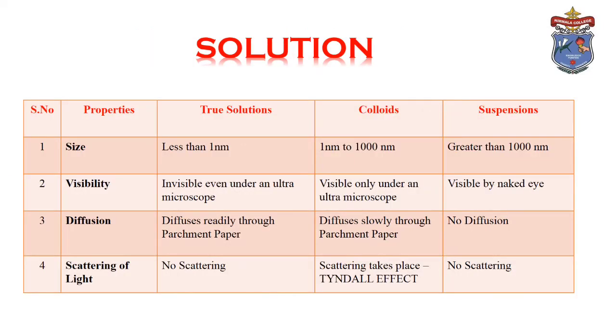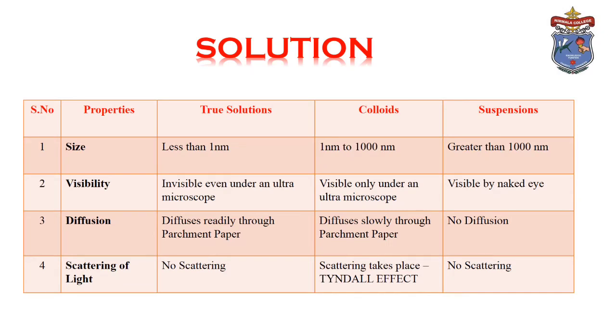Let us look into the properties of true solutions, colloids and suspensions. The size of the true solutions is less than 1 nanometer, whereas for colloids it is between 1 nanometer to 1000 nanometer, and for suspensions the size of the particles are greater than 1000 nanometer.